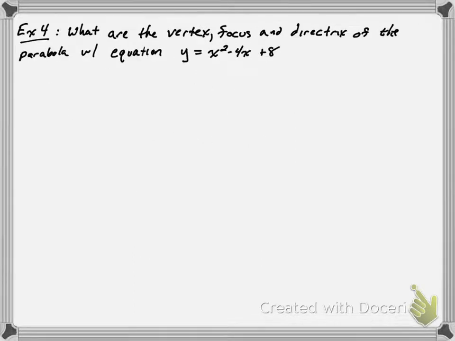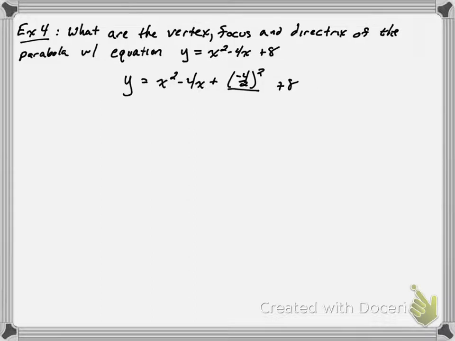Now we started this completing the square thing back with the circles, and we're going to do it here. When it's given in this form, I need to complete the square again to figure out what this should factor into and try to find the vertex, focus, and directrix of this parabola. So what I'm going to write is y equals x squared minus 4x plus, leave a space, plus 8. When I'm completing the square, I take the middle term, which is negative 4, divide it by 2 and square it.